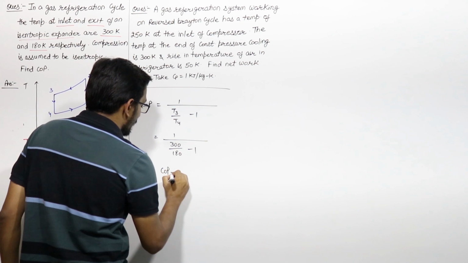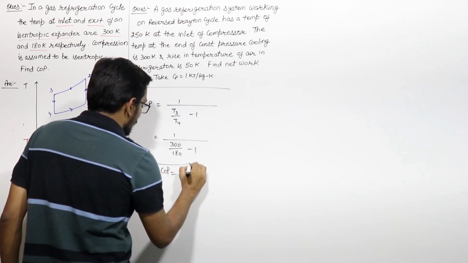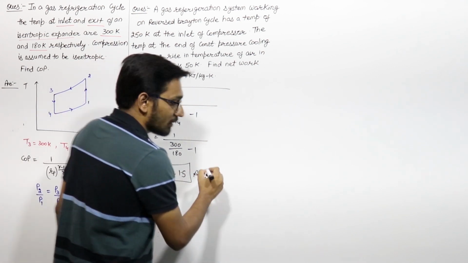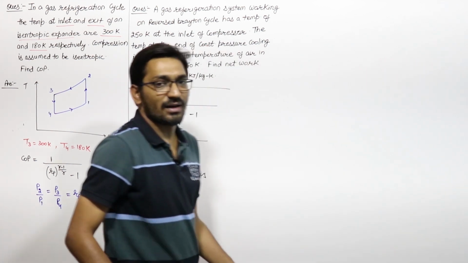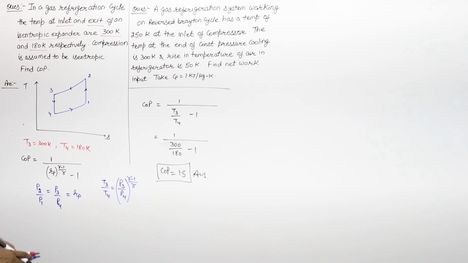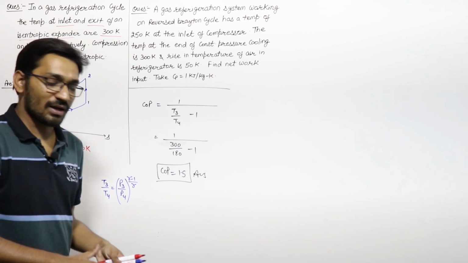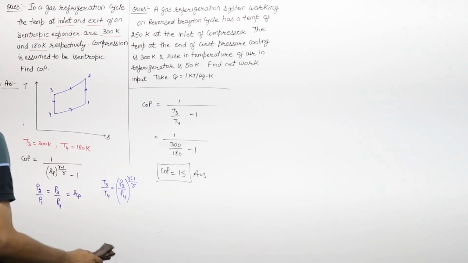So the COP answer will be 1.5. This is a very basic question, directly formula used. So the COP will be equal to 1.5. In this fashion, you can solve this simple question. Just for your understanding, we are solving this.